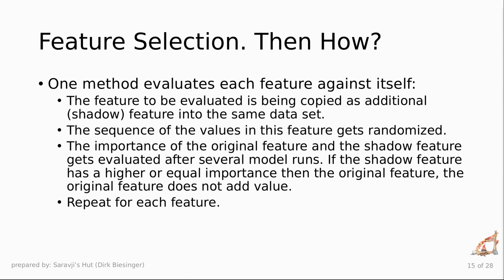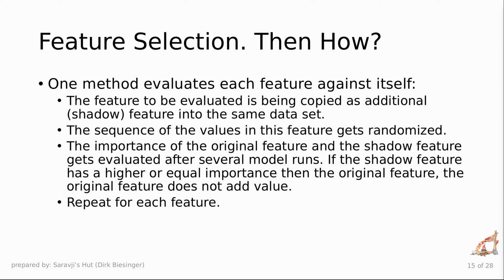Now, there is another method that actually evaluates each feature against itself. How this works is a feature is copied into the same data set as a shadow feature. What this means is the complete feature column is copied, so we have exactly the same values as we had.